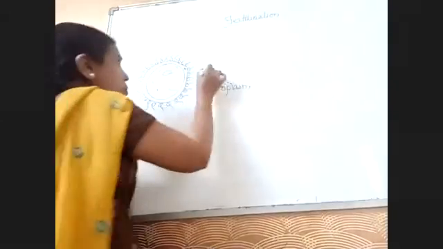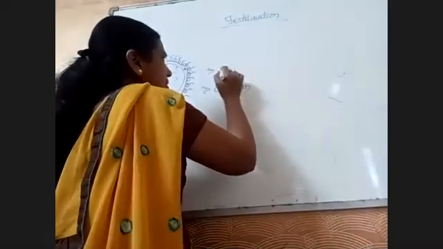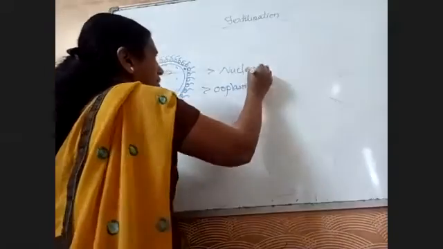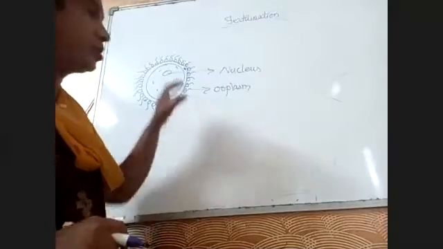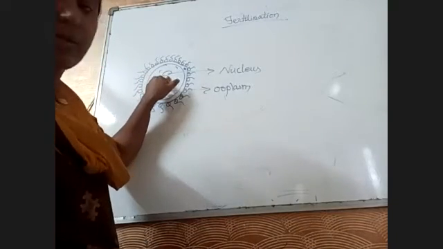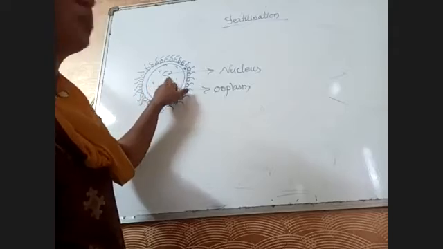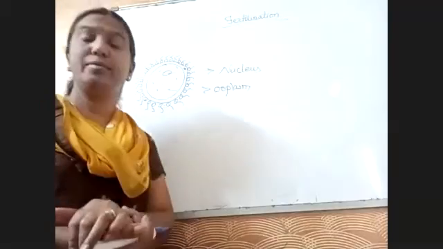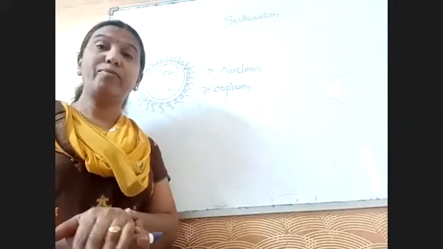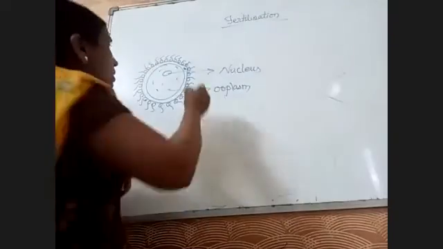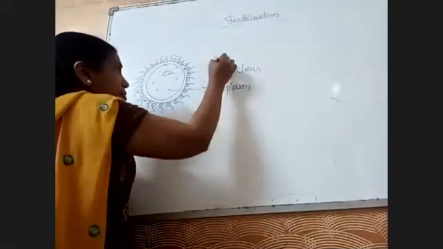It contains one nucleus which is eccentric, because it is not present in the center. This nucleus contains half the chromosomes, which will unite with the nucleus of the male gamete and form the zygote. This is the polar body.